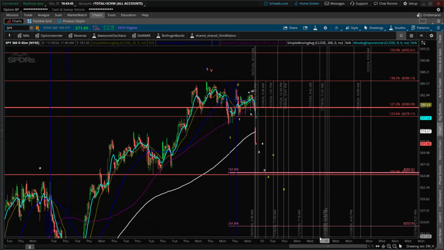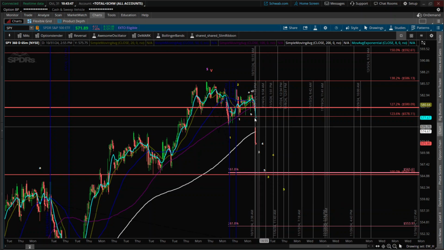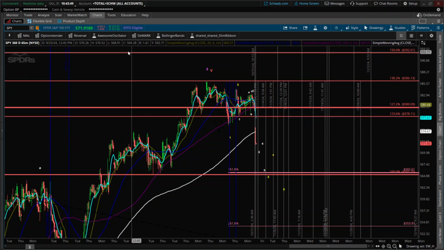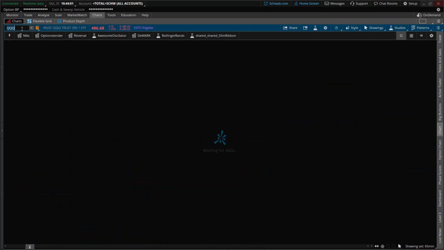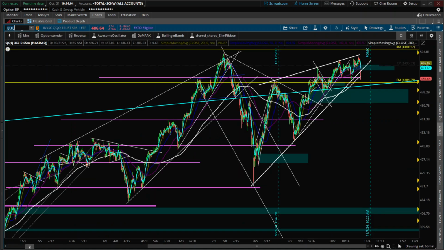Wave 5 could extend past the size of wave 3, so that is the caution. So we'll look for time, price, and positive divergence in order to go along. And when we're playing these bounces, we're not going all in. The trend is to the downside, so there's no guarantees how big our bounces will be.